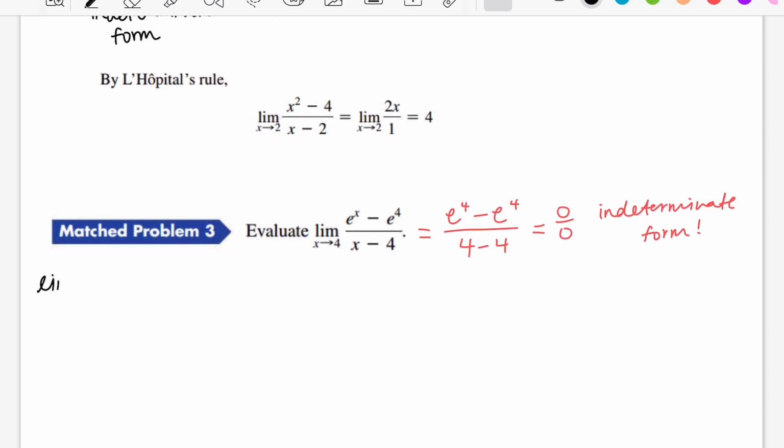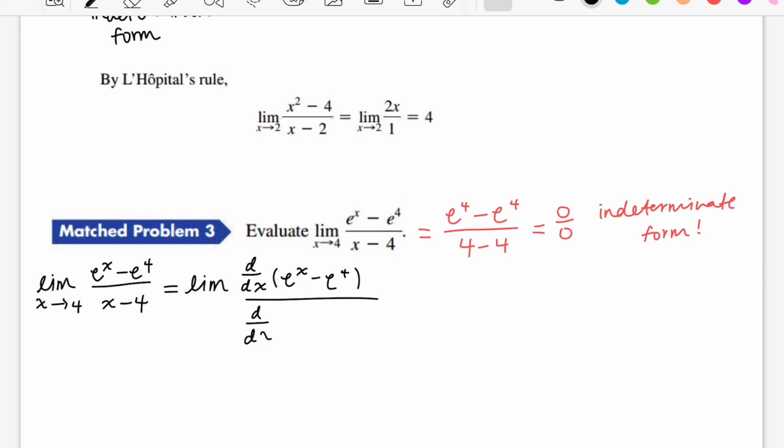So we want to evaluate this guy, and by L'Hopital's rule, we know that this is going to be equal to the limit of the derivative of our numerator over the derivative of our denominator as x approaches 4.